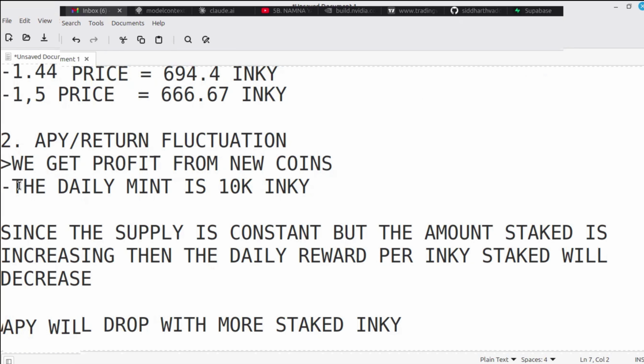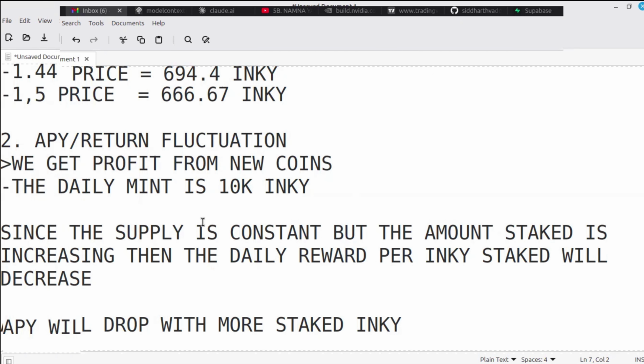So when you buy ink and you lock it, you're going to get new coins coming into circulation once you're done staking. The new coins, you can use either to increase the ink that you have, or you can swap them back to US dollars, then sell for your local currency and have money to use.